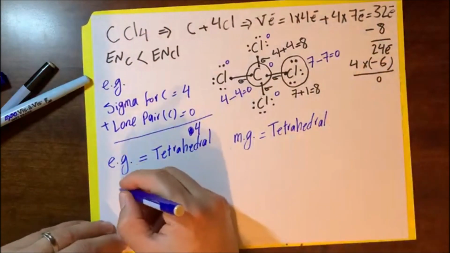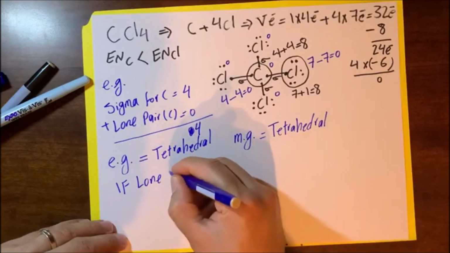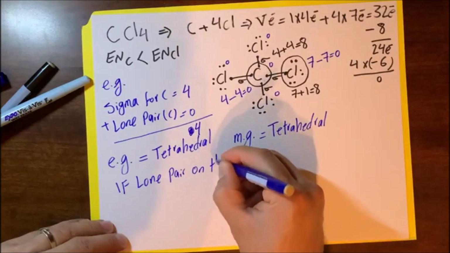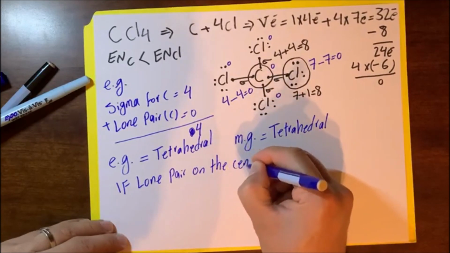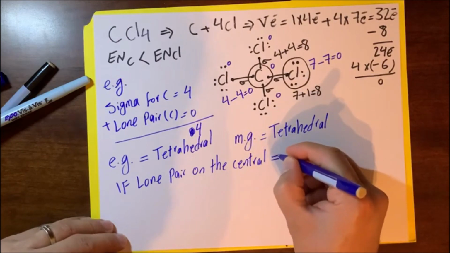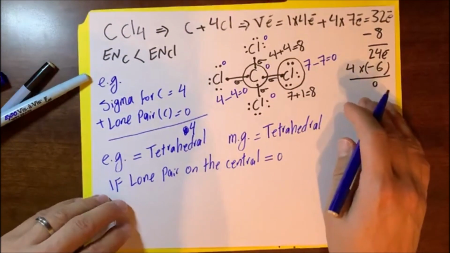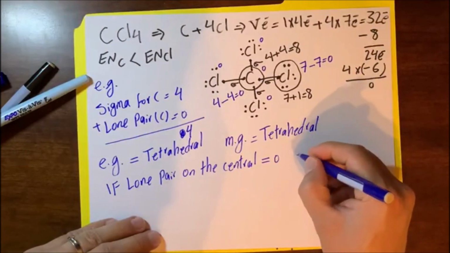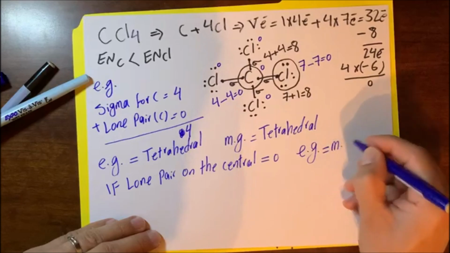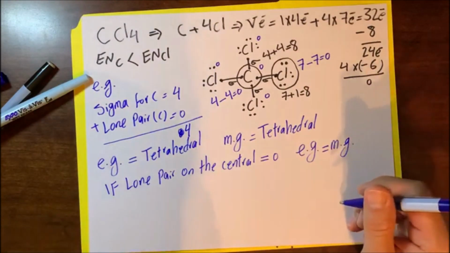And we said if the lone pair on the central atom is equal to 0, you go with this: electron geometry will be equal to the molecular geometry. And in this case, both of them will be tetrahedral.